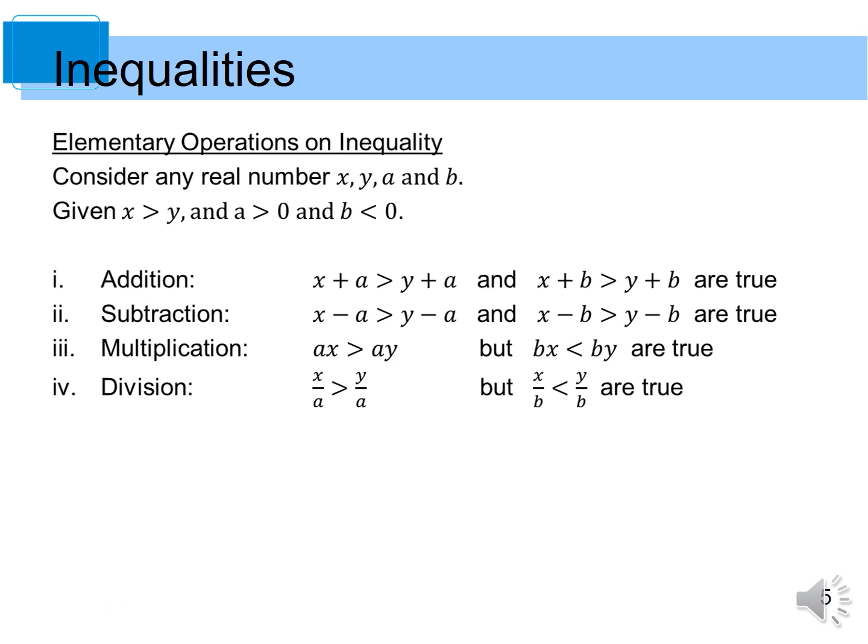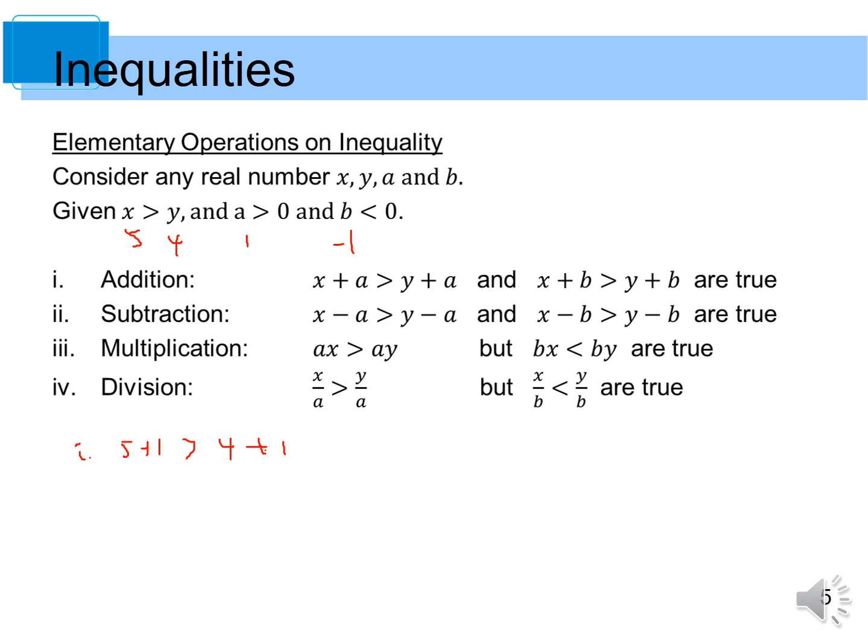Say x is 5 and y is 4, a is 1, b is negative 1. We test for the addition. 5 plus 1 is greater than y, which is 4, plus 1.